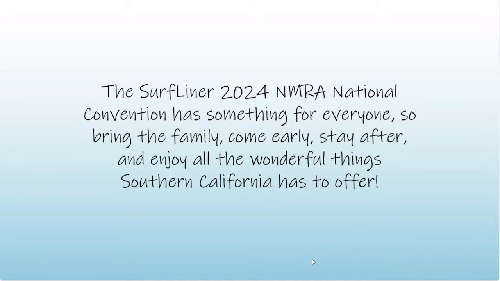We'll talk about some of the non-rail activities. Of course, Disneyland is about 25 to 30 minutes away. Knott's Berry Farm, Universal Studios. Really, there is, as Pat said, something for everybody. So we encourage you, this could be a fantastic family vacation. You're enjoying the trains while the family is doing the stuff they want to do.